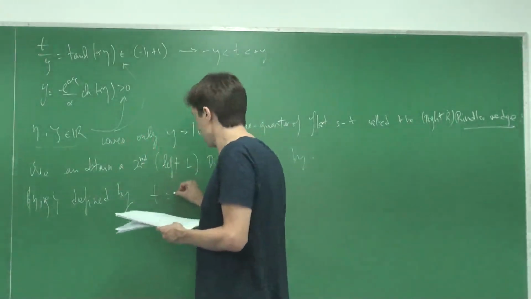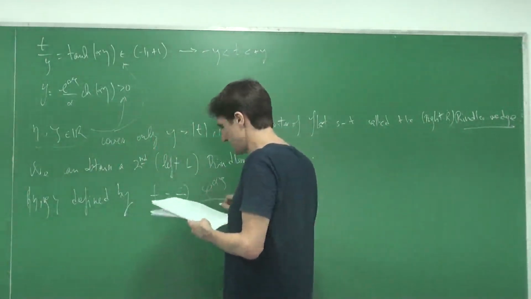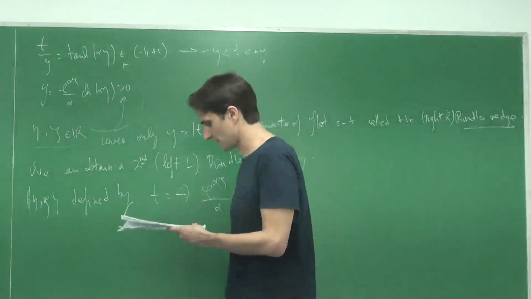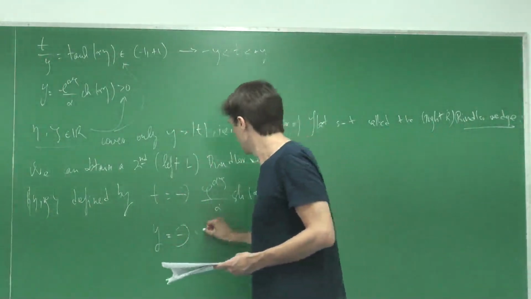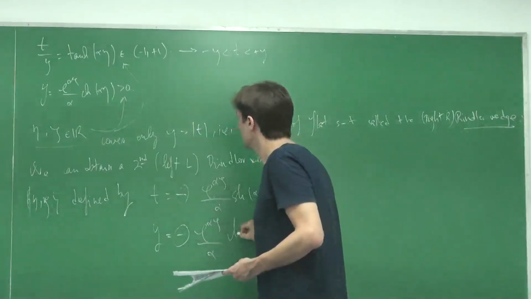So this is minus sign now, exponential alpha zeta, alpha sinh alpha eta. And similarly, y is now minus the same thing, alpha zeta, alpha cosh alpha eta.